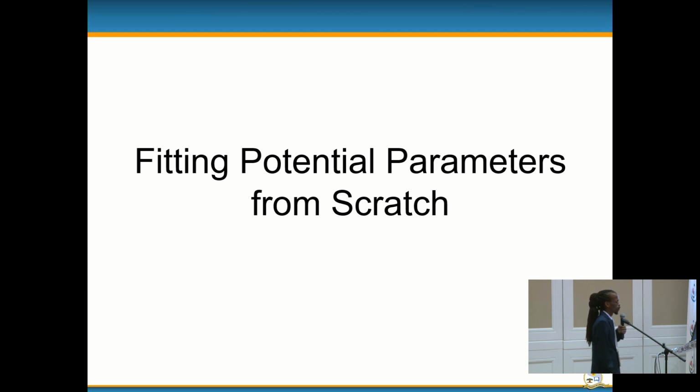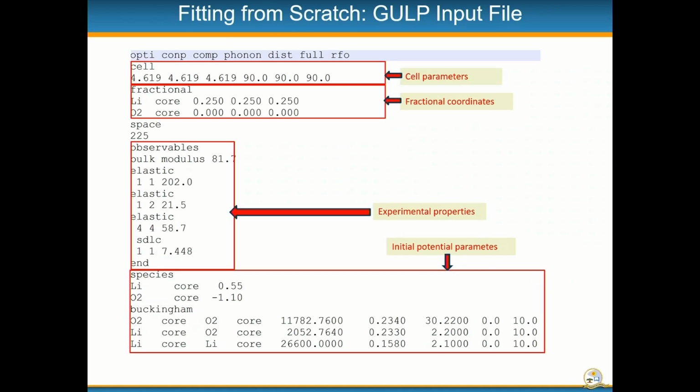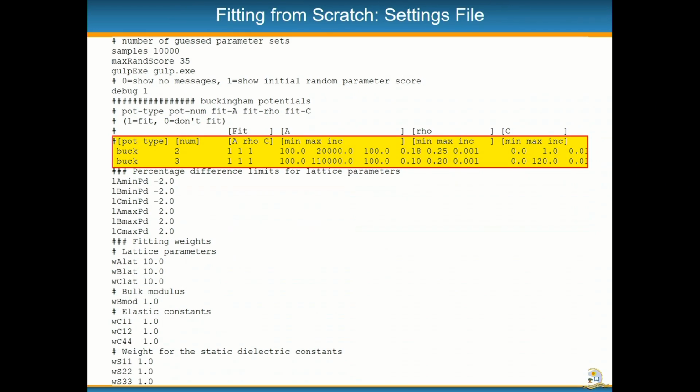Okay. So another method is just to fit potentials from scratch. So what you typically need to do this is a GULP input file with information about your structure and your properties. And you can set the values of 1 for the potentials you are going to fit, because it's not important what they are initially.